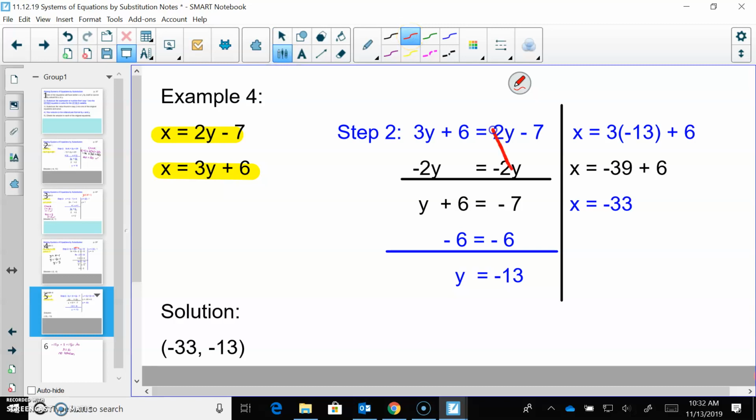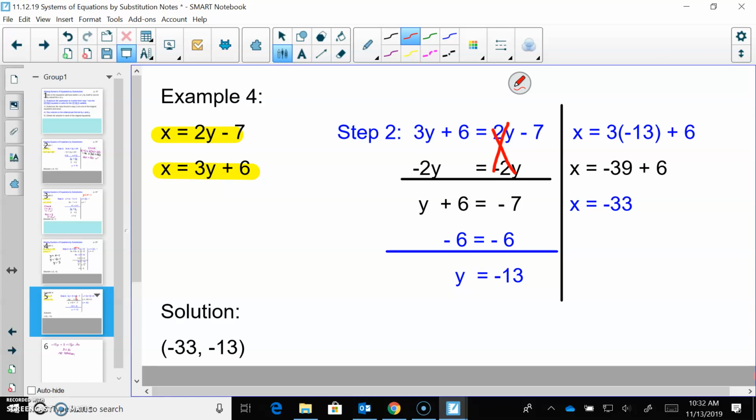And the 2y's cancel on the right side, because 2y minus 2y just cancels out. So then in order to get y by itself, I need to subtract 6 on both sides, which is what you can see from that point. So when I do negative 7 minus 6, that's going to end up giving me a negative 13.